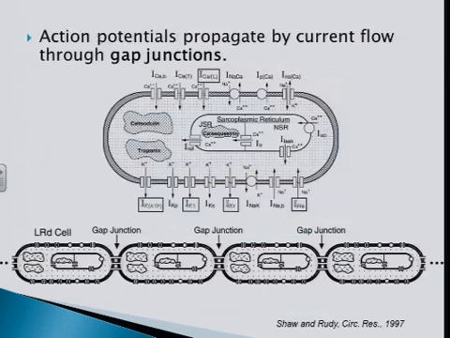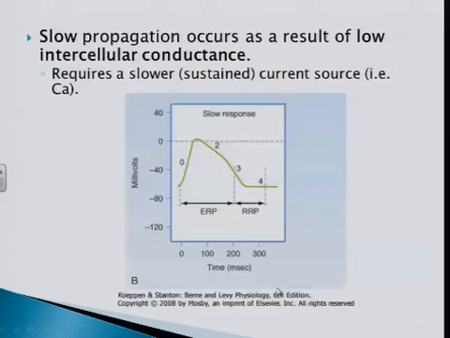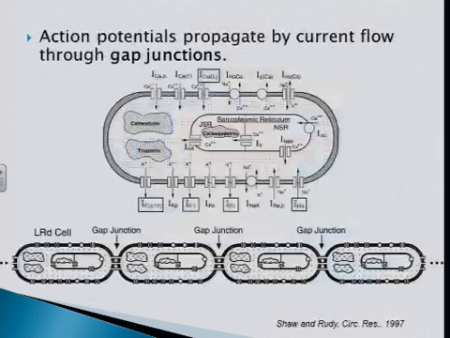Slow propagation, and you can see it. The faster you can charge this up, that means the more current you have, the faster you're going to go, bap, bap, bap, bap, bap, bap through here. Slow propagation occurs as a result of a low intercellular conductance or a high resistance. So you're going to very slowly bring that next cell up to its threshold.